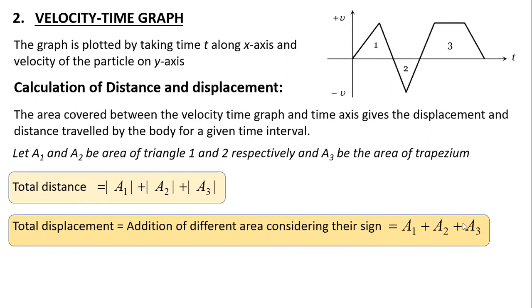So I will directly add all three: this will be plus, this will be minus, and this will be plus. So I'm telling you it is the addition of areas, but the signs will be considered. And when distance is there, I put the modulus to show that even if the area after calculation comes out negative, you need to take the answer as positive only.